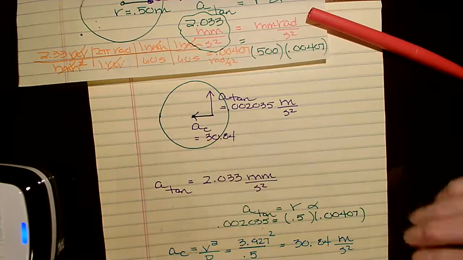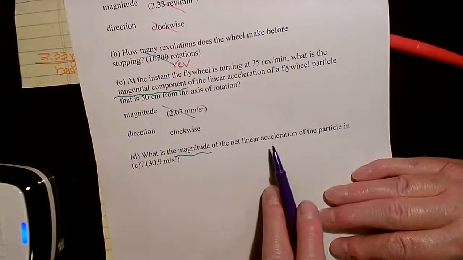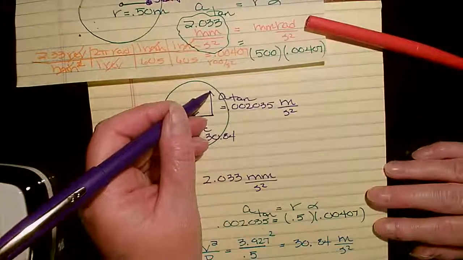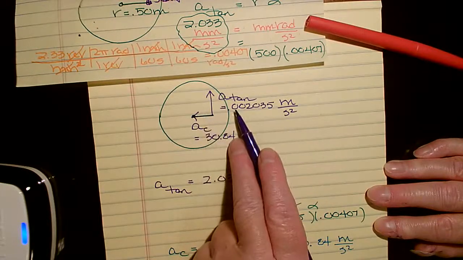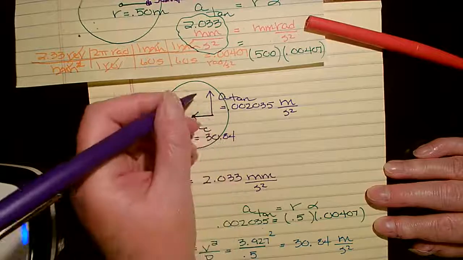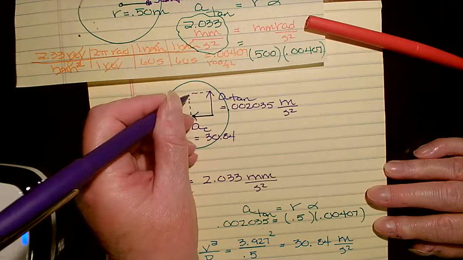And now to find the net linear acceleration, this is obviously not drawn to scale. This arrow stands for 30, and this arrow is supposed to be 0.002. So big time not to scale, but since I already have my arrows here, I'm going to go for it.